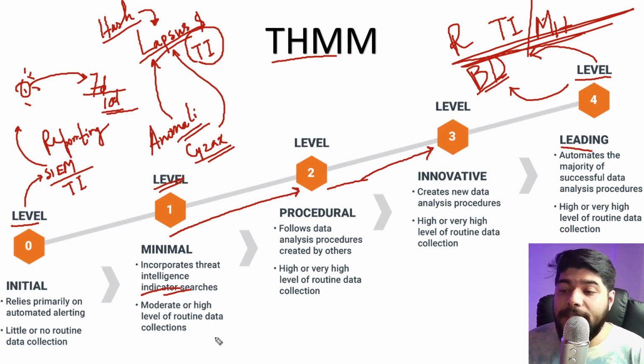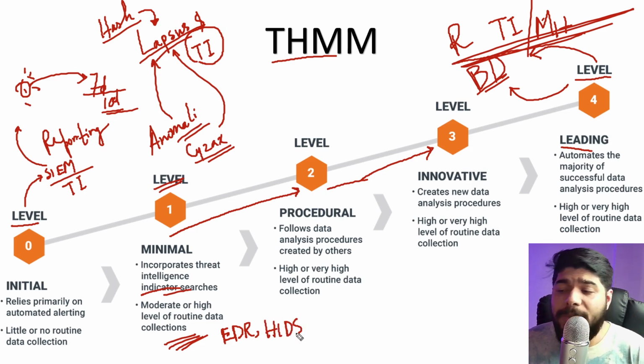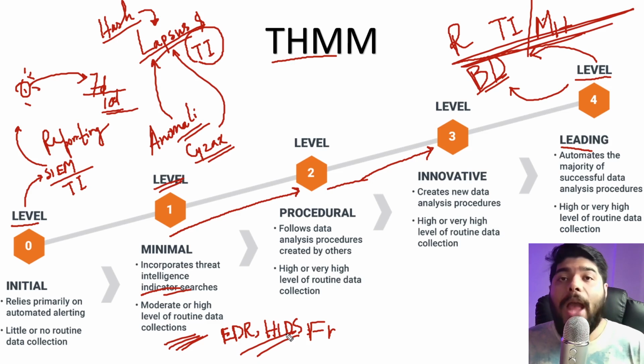And the second point is moderate or high level of routine data collection. That is very important, because without your data, you might have an EDR solution, a host intrusion solution, it could be a HIDS, an IDPS, firewalls, and every stuff that you might have in your network. You might be collecting all that information to your SIEM, and you have to be very sure about what data points you need to go hunting for.